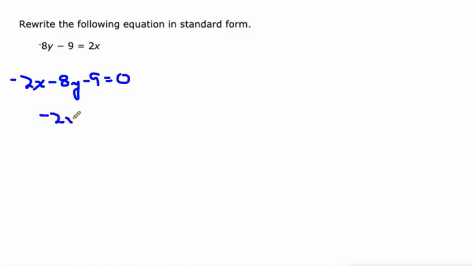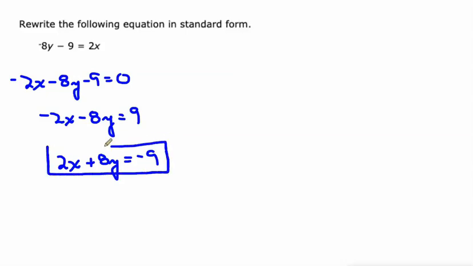That'll give us negative 2x minus 8y equals 9. Now we have the x's and the y's on the left, everything else on the right, and let's get rid of that lead coefficient that's negative. Let's make it positive 2x, positive 8y, and negative 9. So 2x plus 8y equals negative 9. That's standard form.